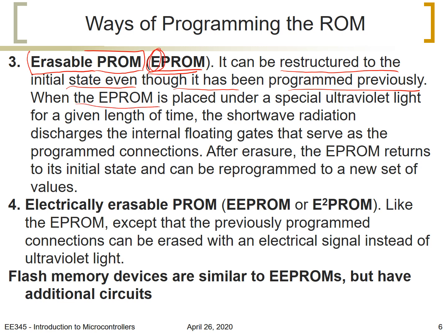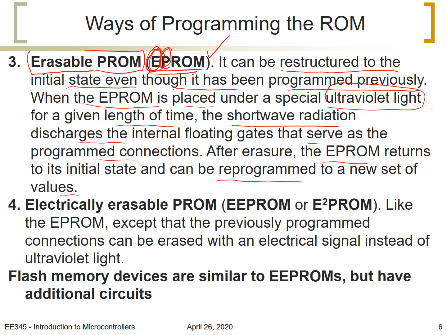When the EPROM is placed under special ultraviolet light for a given length of time, the shortwave radiation discharges the internal floating gates that serve as the programmed connections. After erasure, the EPROM returns to the initial state and can be reprogrammed to a new set of values. This is a very useful read-only memory because it can be programmed and erased. So it can be used multiple times.